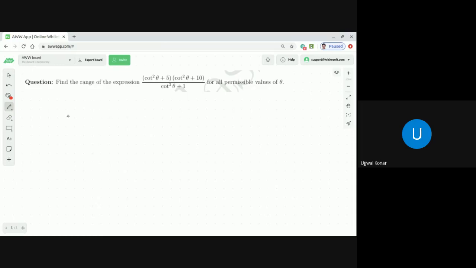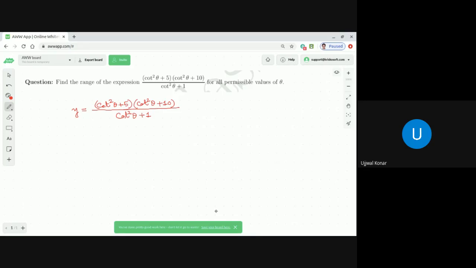So first we will write, dear students, y is equal to that given expression, that is cot square theta plus 5 into cot square theta plus 10, divided by cot square theta plus 1.